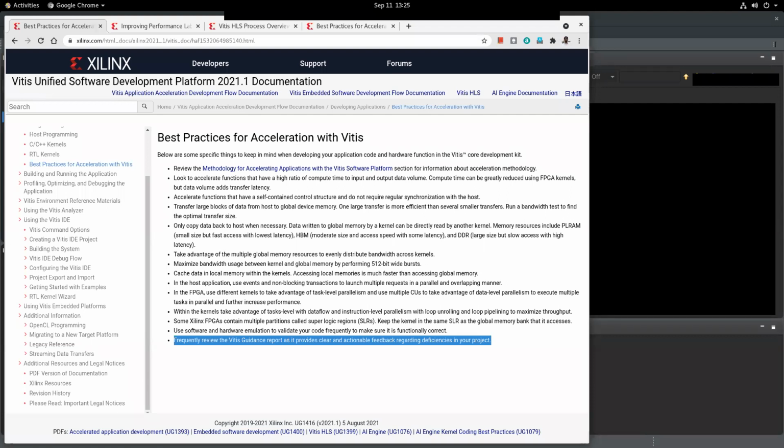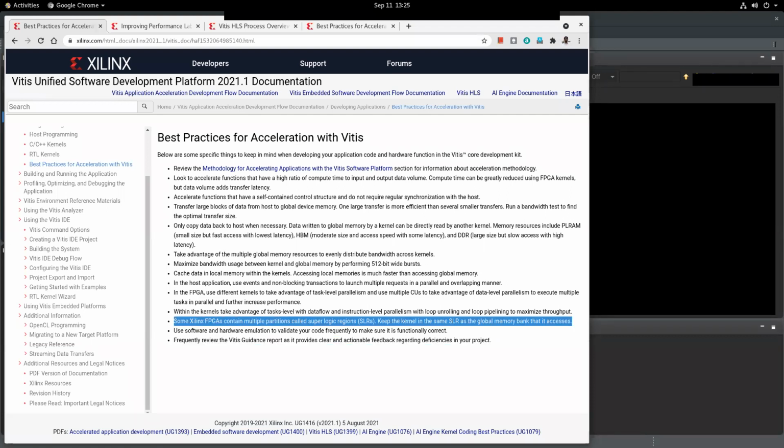Another thing related to what we discussed today: let's say the kernel is mapped to SLR 0, super logic region 0, then we should try to use the memory controller, the memory bank, which is associated with that SLR region.